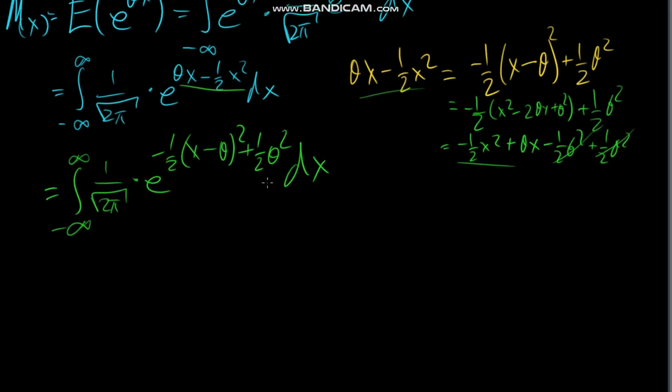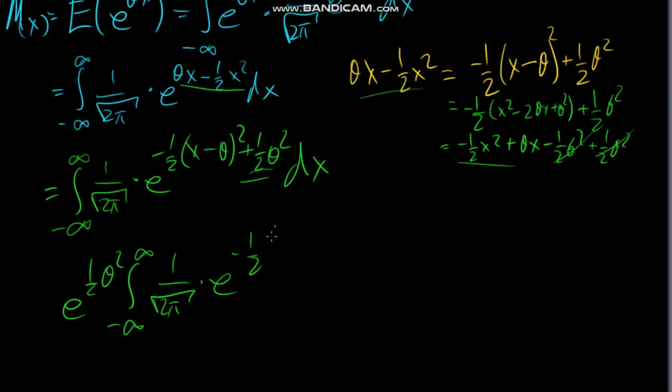So because we don't have any x here, we can pull it out of the integral, so we can write it as e to the 1/2 theta squared times the integral from minus infinity to infinity of 1 over square root of 2 pi times e to the minus 1/2 x minus theta squared dx.